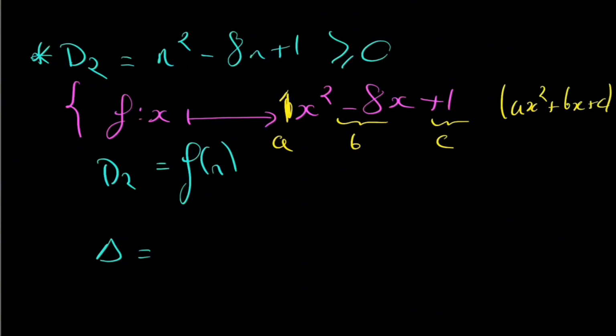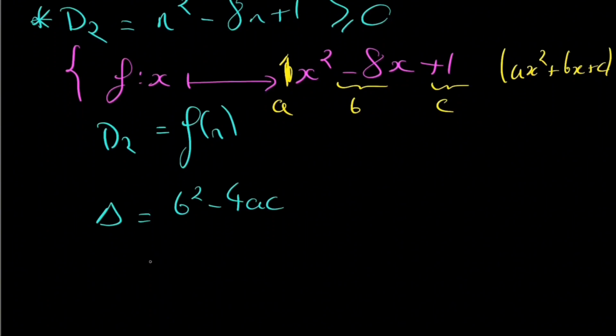So we've got delta is equal to b squared minus 4ac, which is minus 8 squared, 64, minus 4 times 1, is equal to 60.